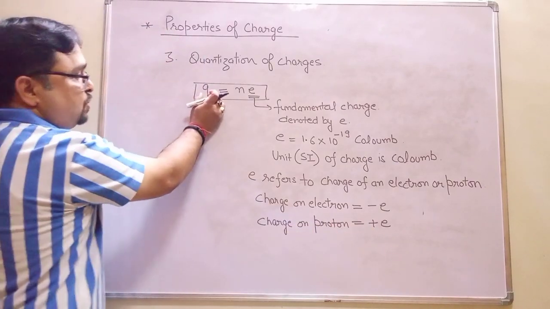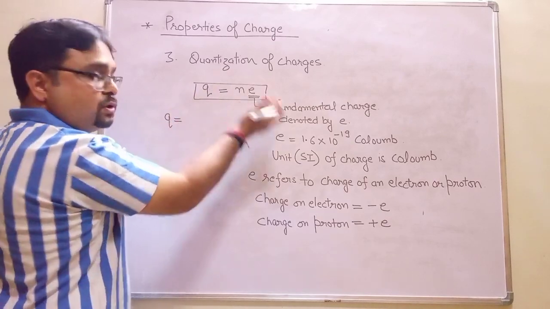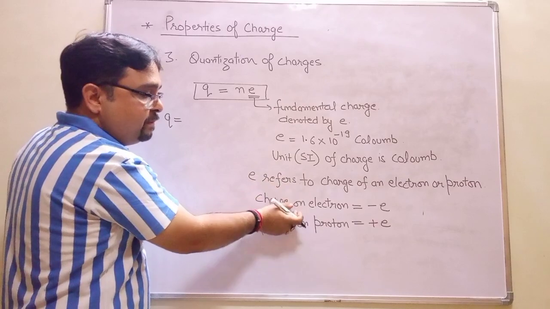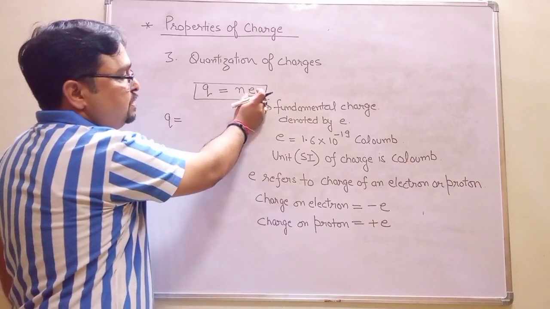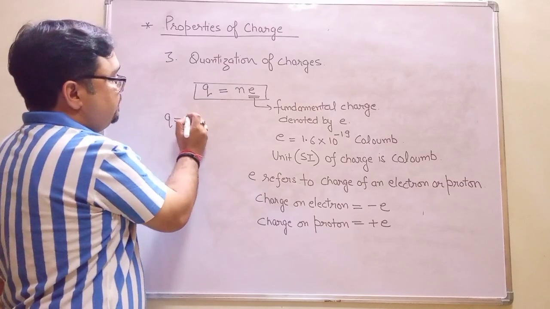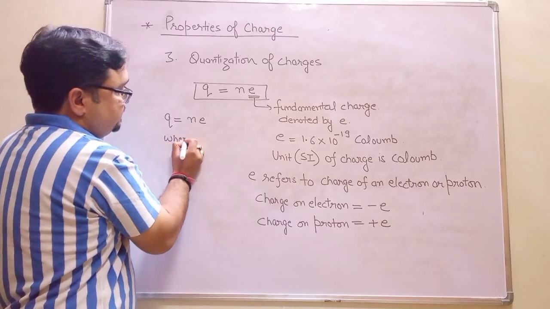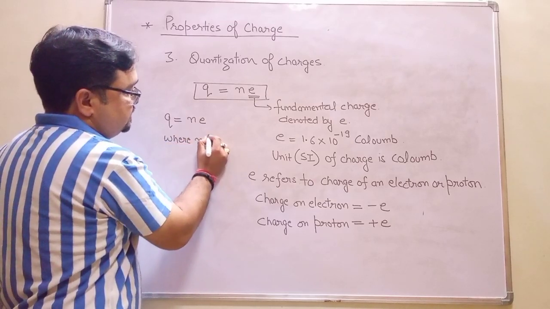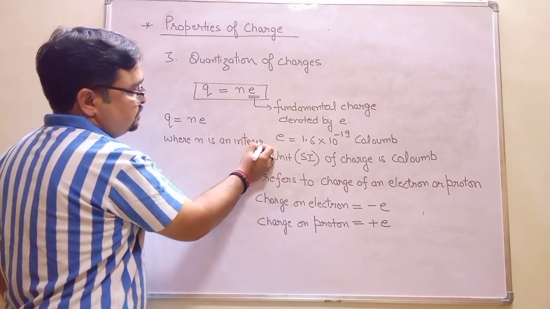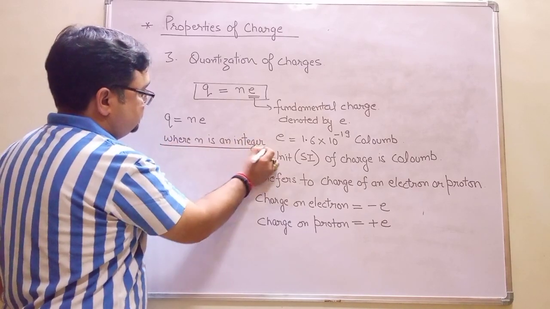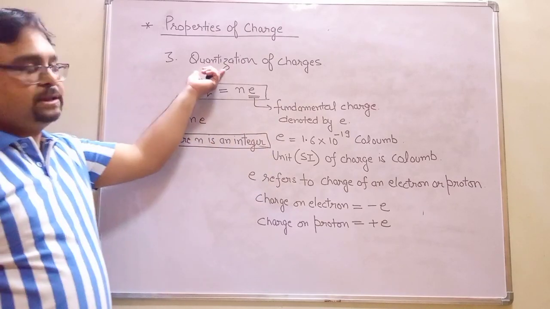Now, charge on any body is written in terms of the fundamental charge. The fundamental charge is denoted by e. So charge on any body will be n into e, where n is an integer. So this is called quantization of charges.